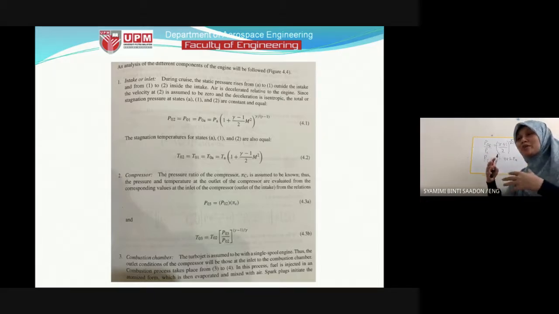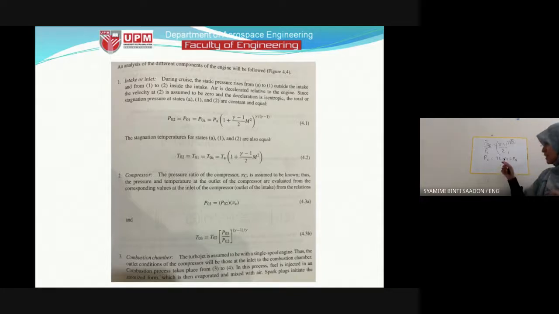There is no new equation or formula. It comes from the fundamental equation I learned in thermodynamics, the definition of the total values, static plus dynamic. As I explained just now, we arrange it to include the Mach number, so we have this equation. And from this one, if the Mach number is equal to 1, we have this equation. So it's actually the same.